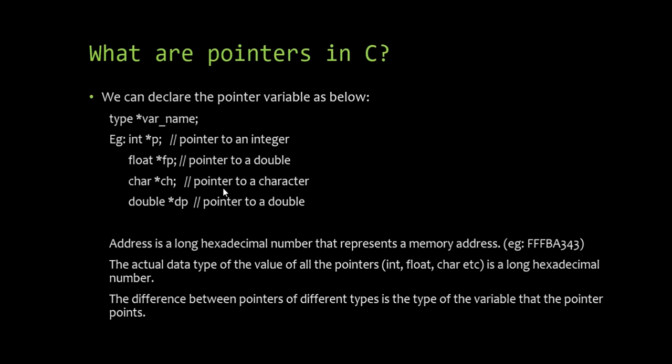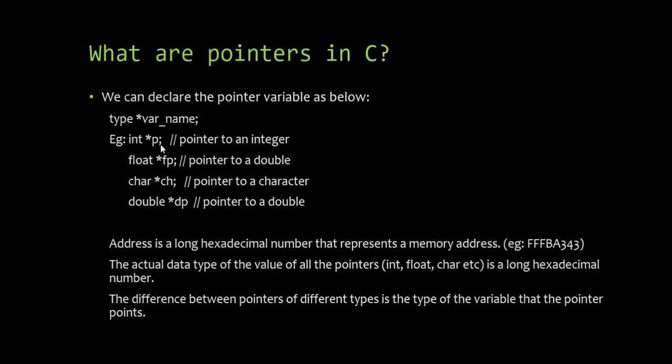So how can we declare pointer variables? We simply give the data type and then the variable name, and the variable name must start with the star symbol, just like int *p.